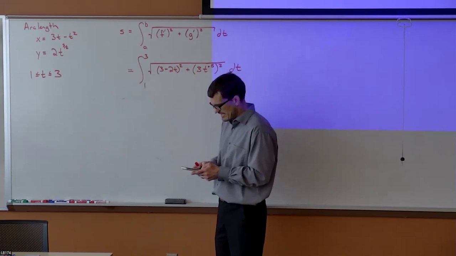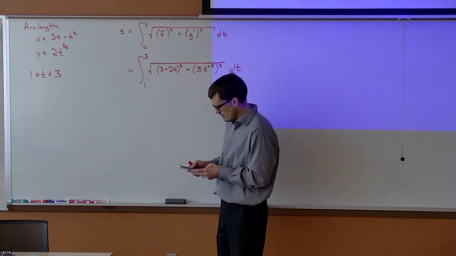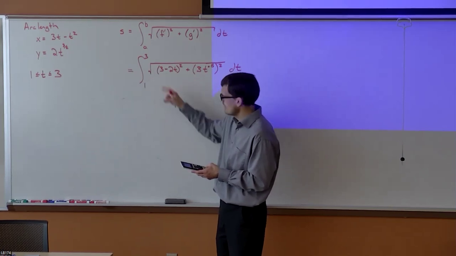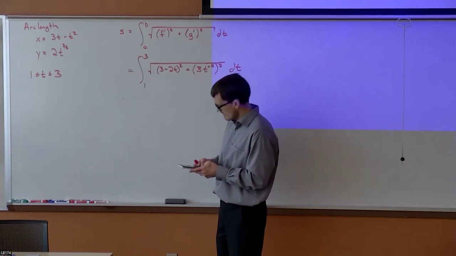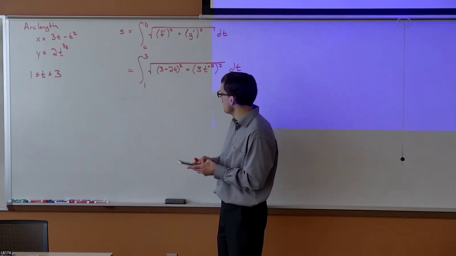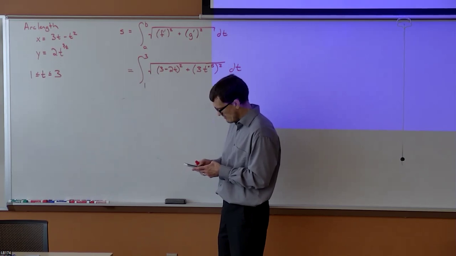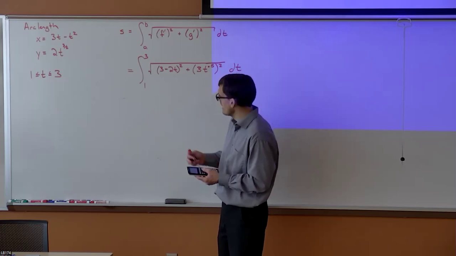So in my calculator, that's math 9, and then I integrate 1 to 3, square root, 3 minus 2t, quantity squared, plus 3t to the 1/2 or 0.5 power, quantity squared, with respect to t.